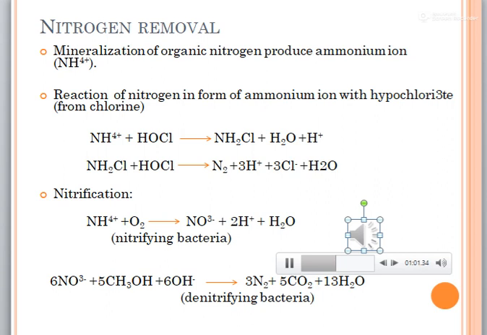Nitrification followed by denitrification is the most common biological means of removing inorganic nitrogen from wastewater and the most effective technique. The first step is essentially complete conversion of ammonia and organic nitrogen to nitrate under strongly aerobic conditions in the presence of nitrifying bacteria. The second step is the reduction of nitrate to nitrogen gas.